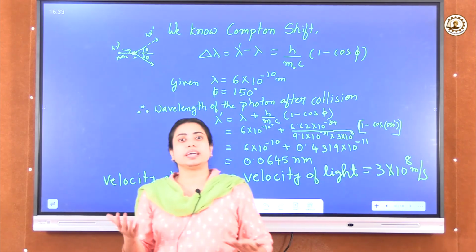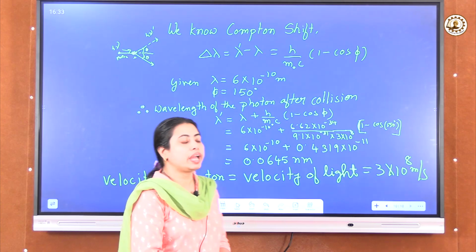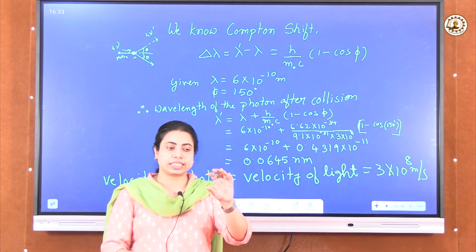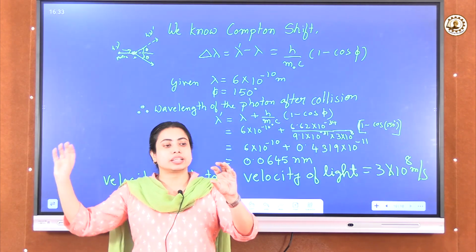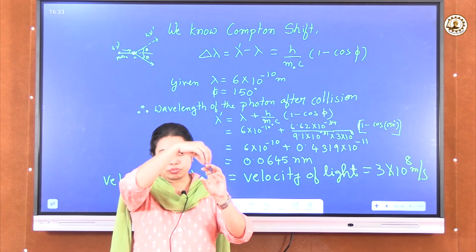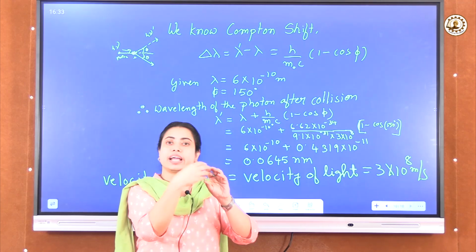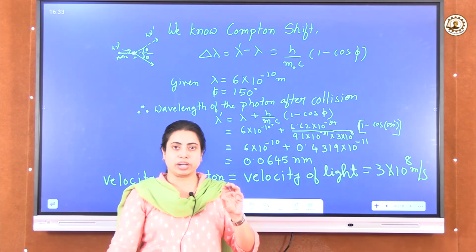This problem is related to Compton shift, where our electron is at rest and a photon comes and strikes the electron. The photon gets scattered at one particular angle and the electron recoils at another particular angle.